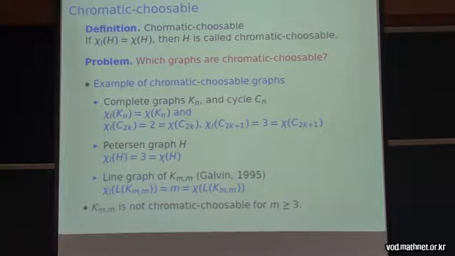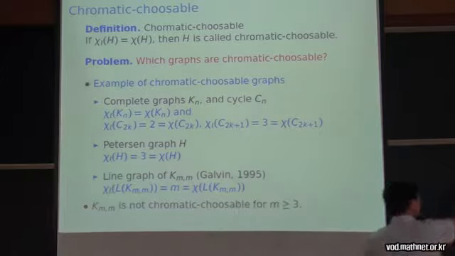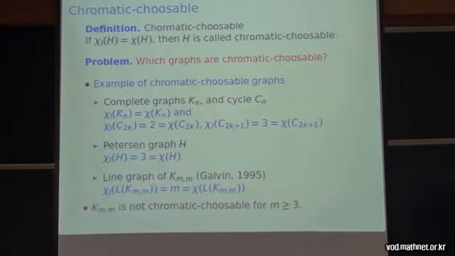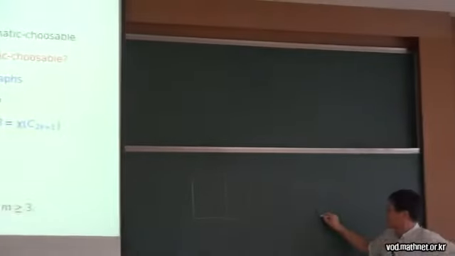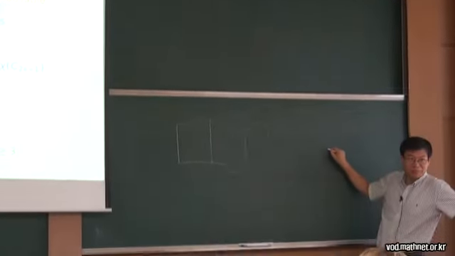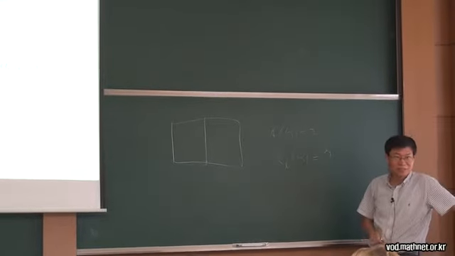And then another simple example. This graph has chromatic number 2, but the list chromatic number becomes 3, right?